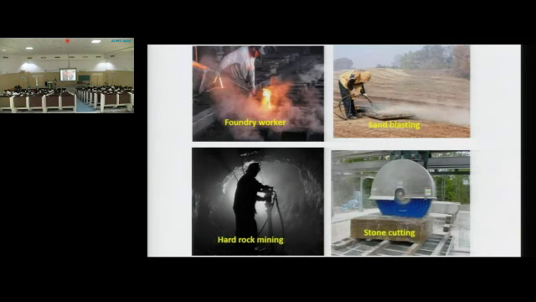Also sand and glass working industries, and sand blasting industries. They expose high pressure sand on the metal surface in the industry. There you can see the evaporated material contains silica. So remember these four: foundry workers, sand blasting workers, stone cutting workers, and hard rock mining. They develop silicosis.